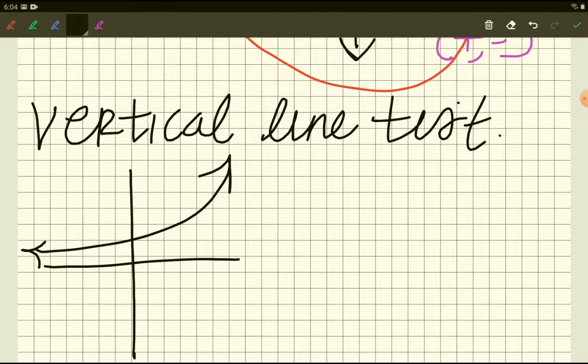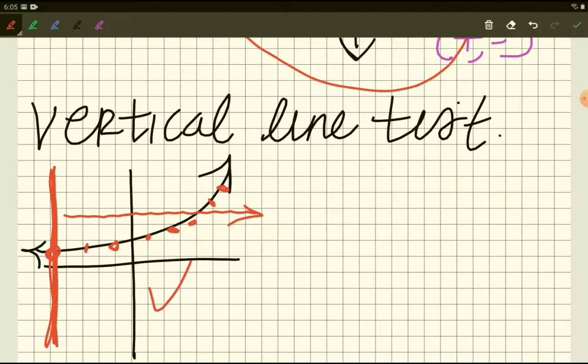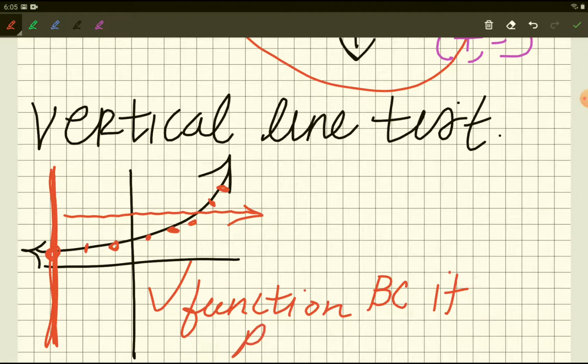Imagine a vertical line that scans the entire graph. As long as it hits the graph only once, like this, it is a function, because it passes the vertical line test.